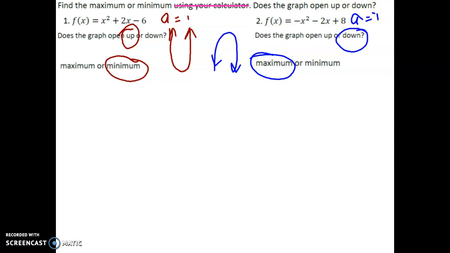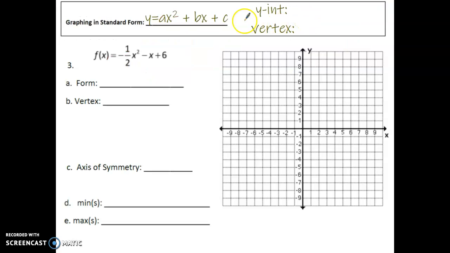Okay, now let's consider how to find the coordinates of that point. First of all, remember, when something is written in standard form, it's like this: ax squared plus bx plus c. The a always is on the square term, the b is always on x to the first, and the c is always the constant term with no x.